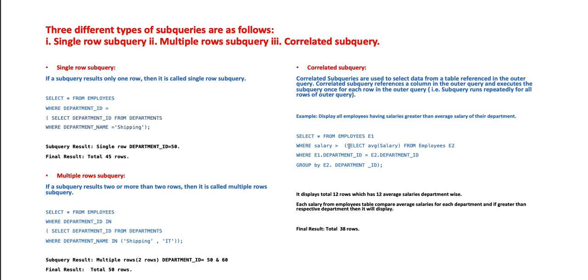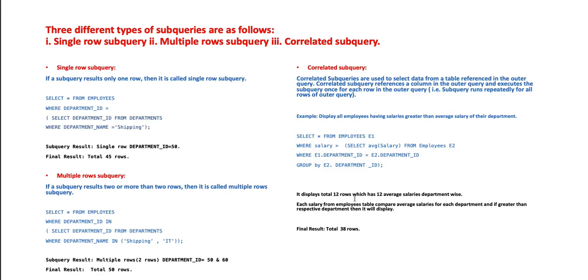In this query, the subquery runs every time for each row of the outer query. In general, a subquery runs one time, but in this correlated subquery, it runs every time for each row of the outer query. The employee table has 12 departments. From this subquery, it displays a total of 12 rows, which are 12 average salaries department wise.